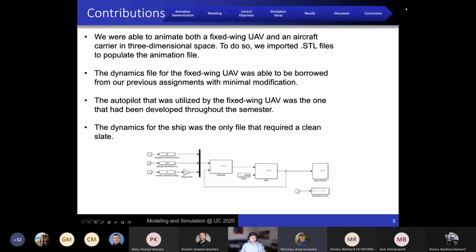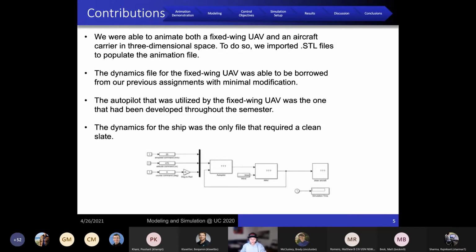Thank you. The contributions for this project were that we were able to animate both a fixed-wing UAV and an aircraft carrier. We used STL files for both of those and populated that into the file, which then created a 3D space representation for them. The dynamics file for our fixed-wing UAV was taken from our previous assignments, with minimal modification, if any.